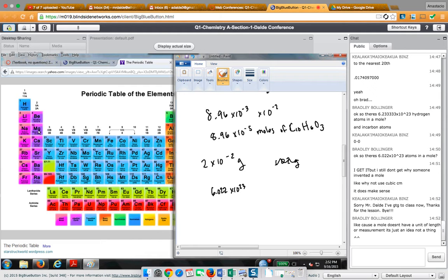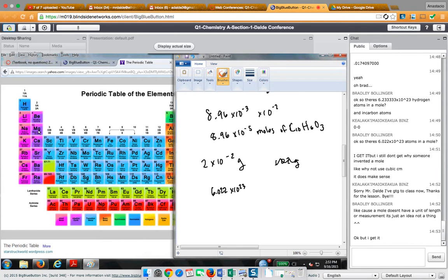Now, where did someone get the mole? How did they come up with it? To be honest with you, I don't know the experiment that they came up with it. But here's how they defined it. They said, I'm going to take exactly carbon-12, and I'm going to measure out 12 grams of carbon-12, and figure out how many atoms exist in that space.